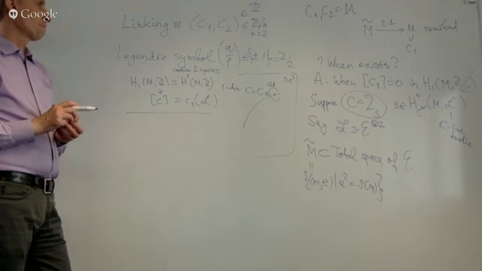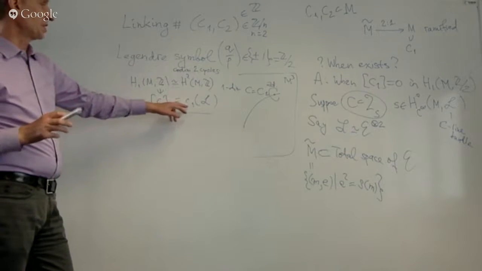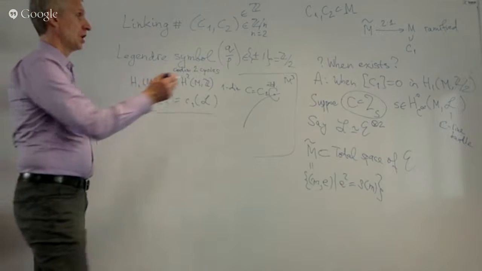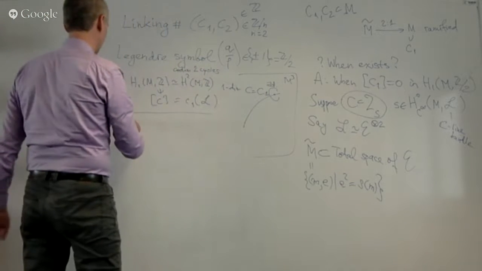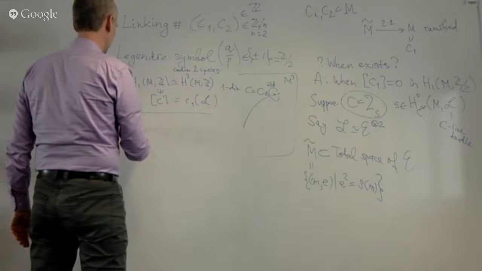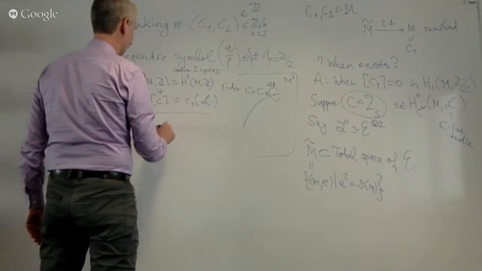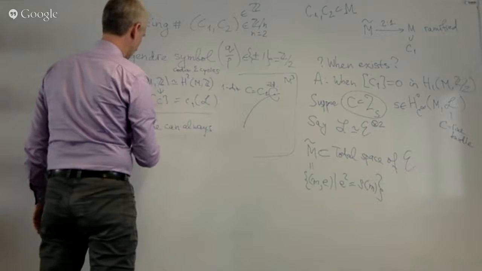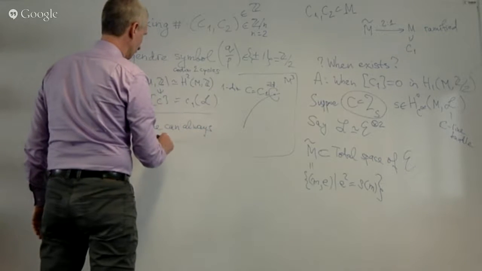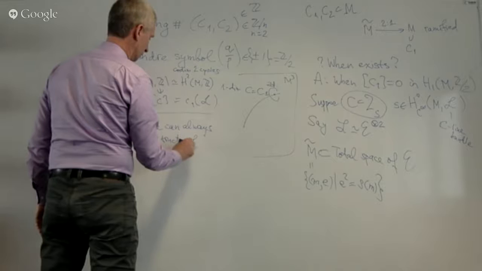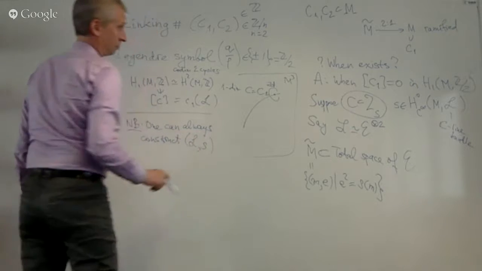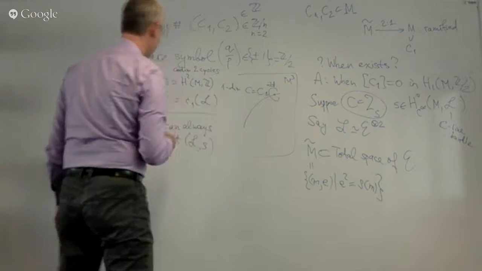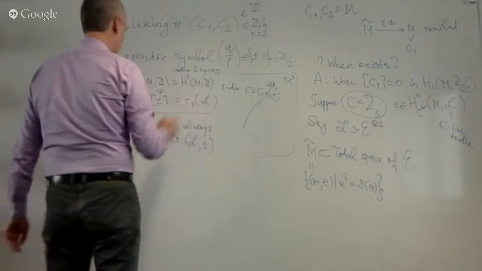We can always represent it as the Chern class of something, because we can construct the bundle: outside, we trivialize it. So one can always construct L and S. Basically, we take a normal bundle, so L will be trivial outside.